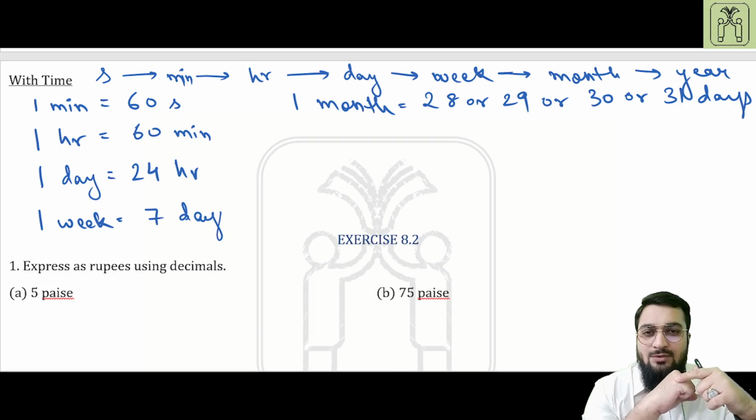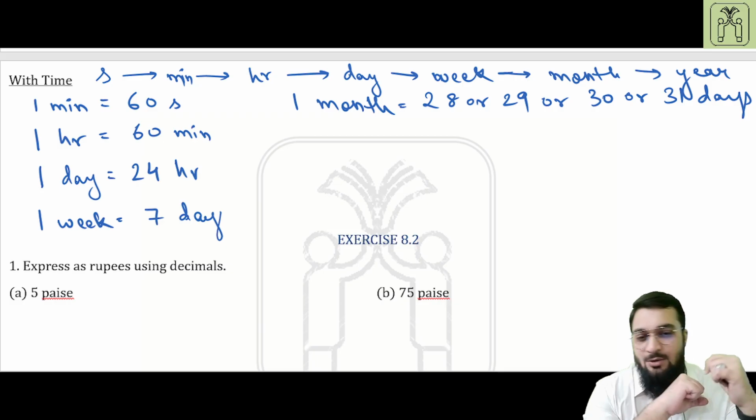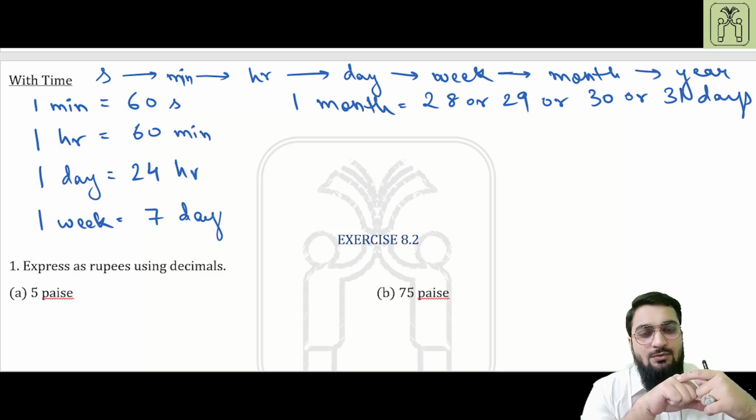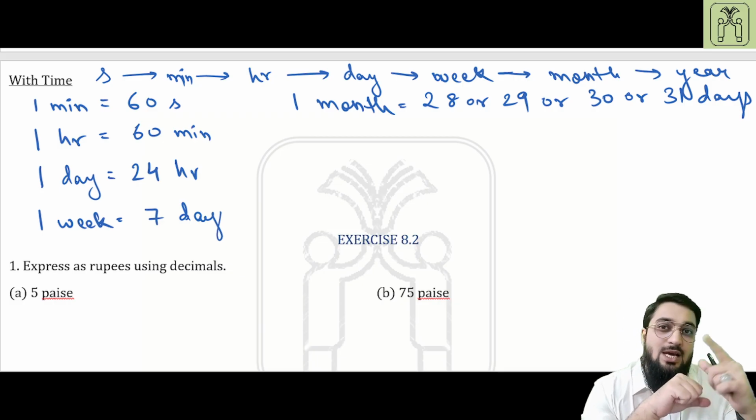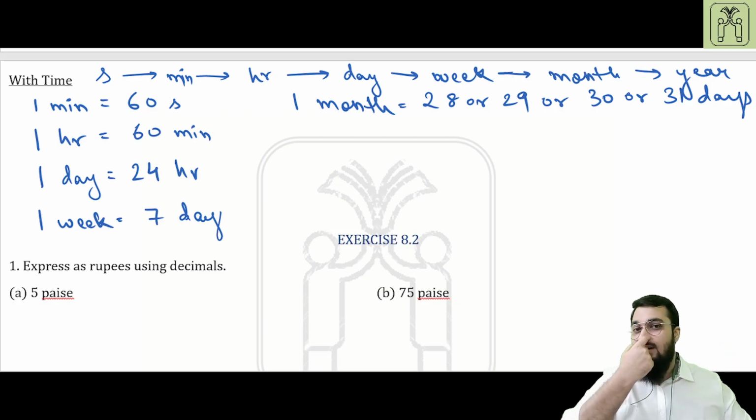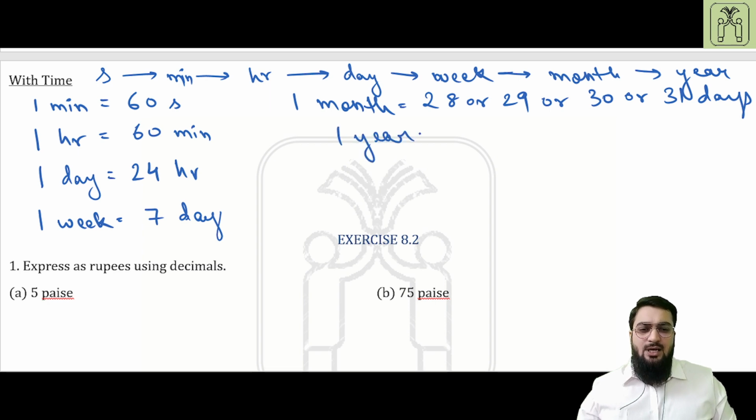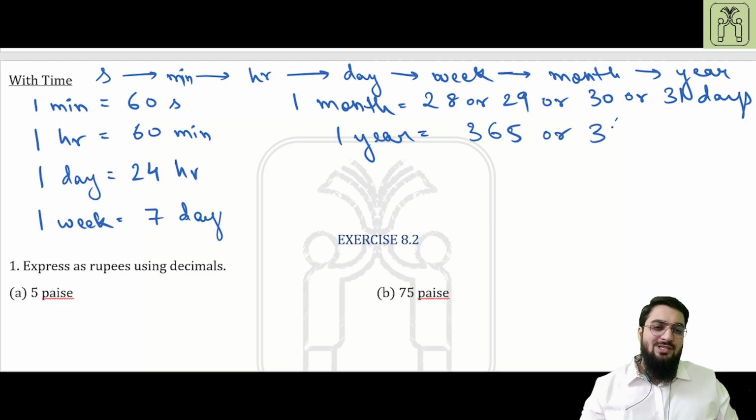So July will have 31 days, and again August will have 31 days. August, September, October, November, December. So December again 31 days. And all those in between will have 30 days, except for February, which will have either 28 or 29. And last is 1 year, and that will be 365 or 366 days, depending upon the type of year, leap or non-leap year.